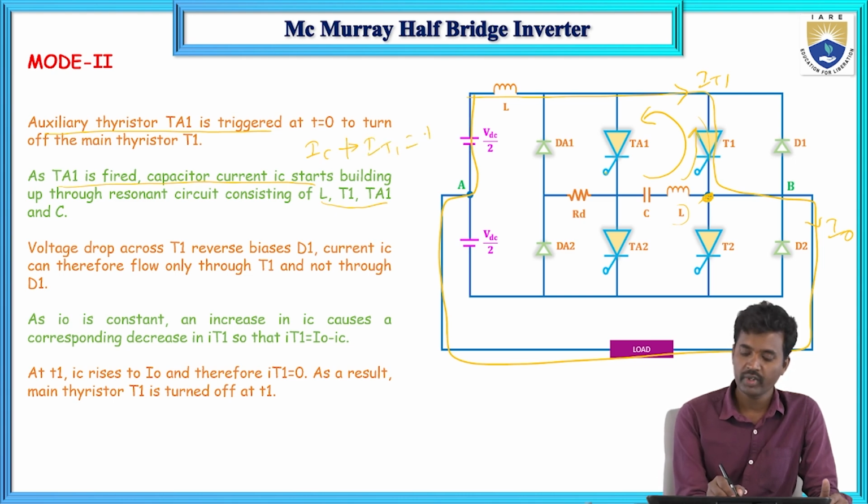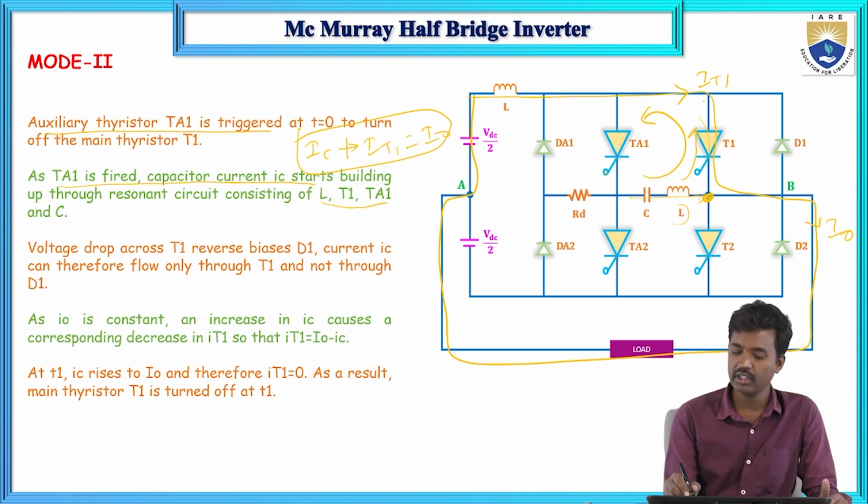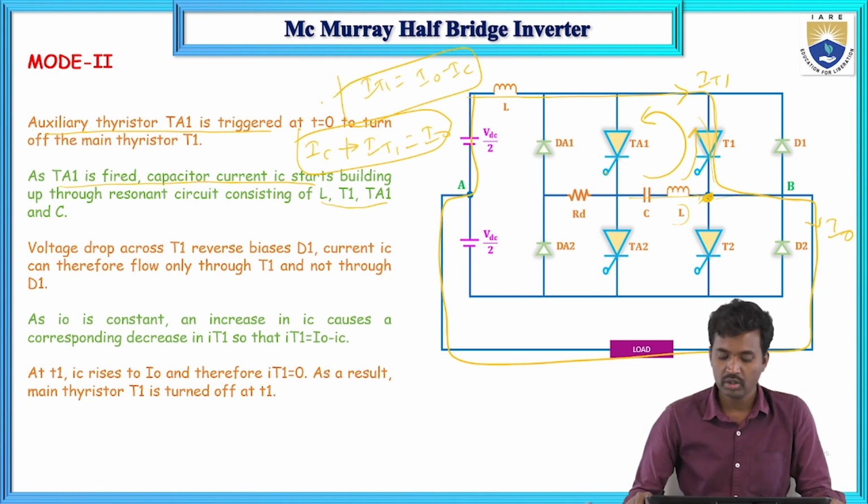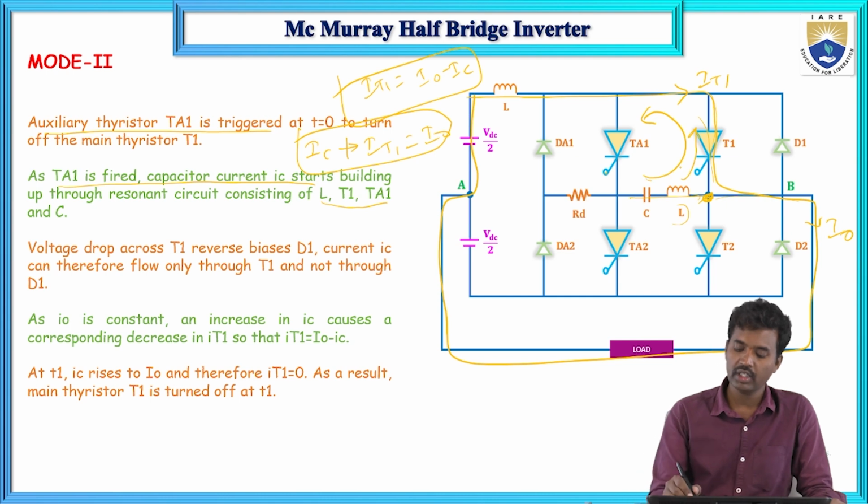So IT1 current equals I0 minus IC. This IC is the discharging current.